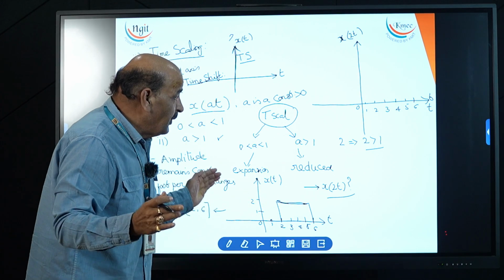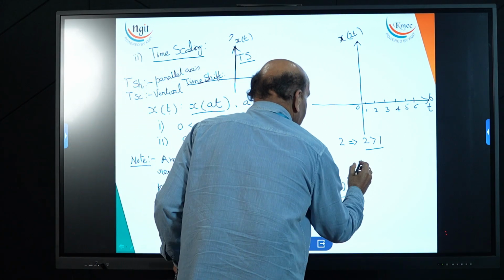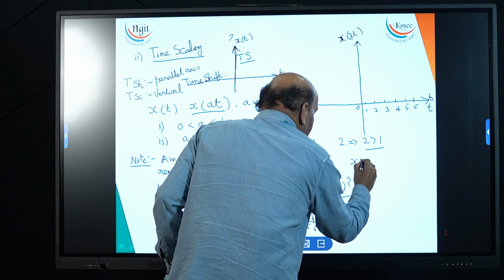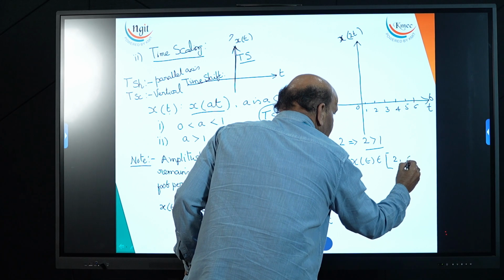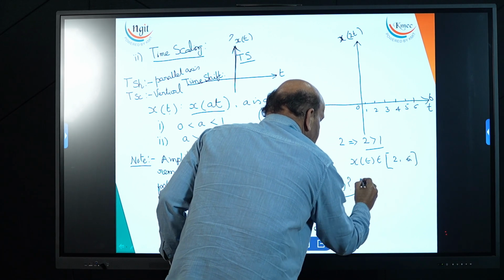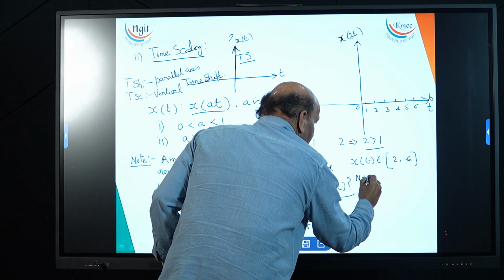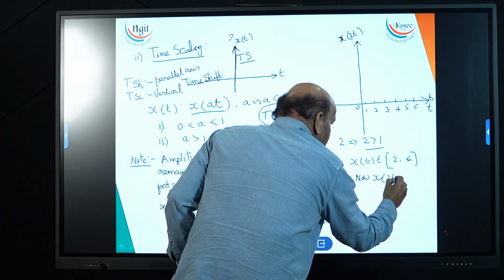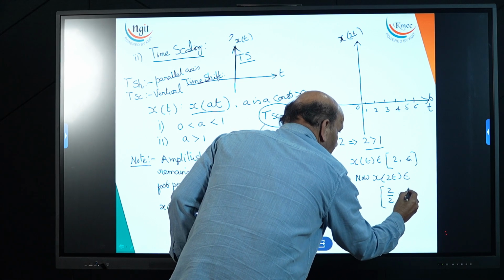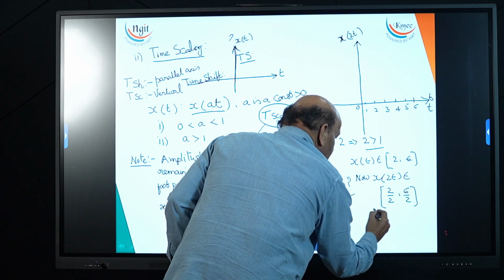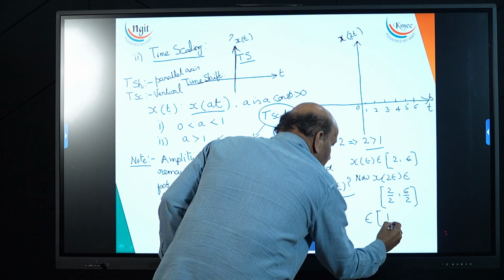In this case, what happens? In the previous case, what is the given signal? Period. x of t belongs to 2, 6. In this case, x of 2t belongs to, divide this by 2, 2 by 2, 6 by 2. That means it belongs to 1, 3.